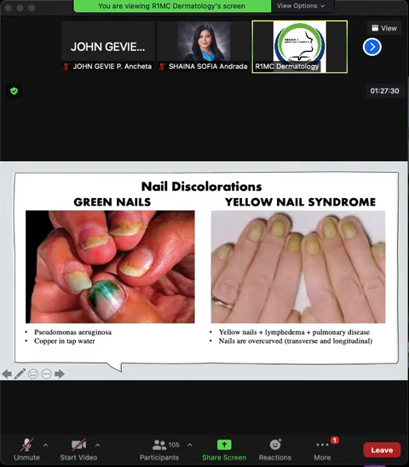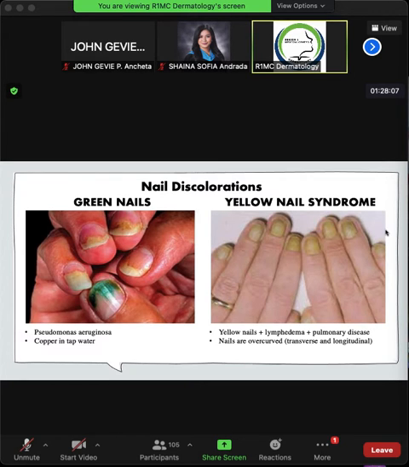So another type is your green nails, which can be seen in patients with Pseudomonas. And we also have your yellow nail syndrome, which is characterized by marked thickening and yellow to yellowish-greenish discoloration of the nails, often associated with systemic diseases, most often lymphedema and pulmonary disease or those with compromised respiration.